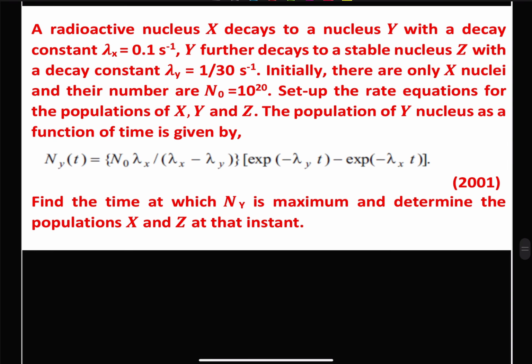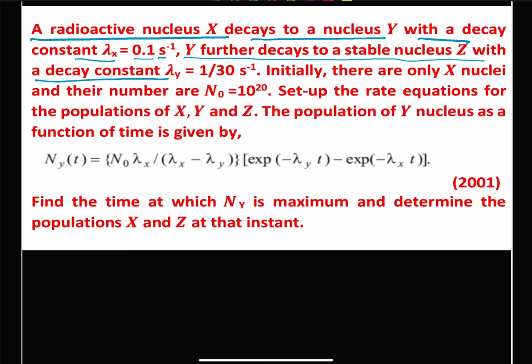It says that a radioactive nucleus X decays to a nucleus Y with a decay constant lambda x of 0.1 per second, which further decays to a stable nucleus Z with a decay constant lambda y given as 1 upon 30 per second.